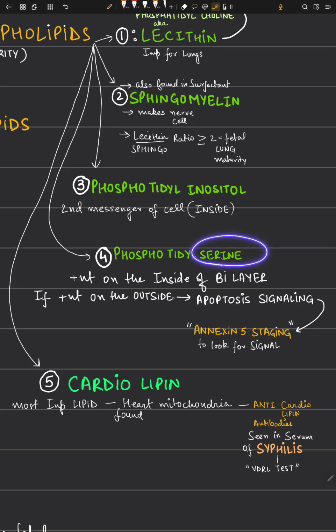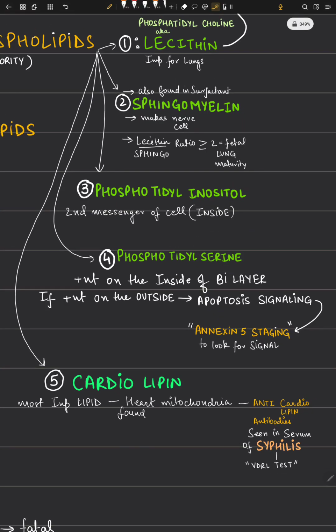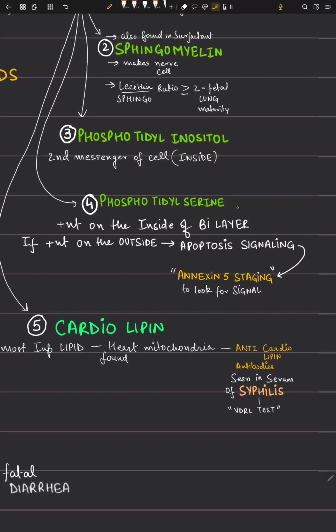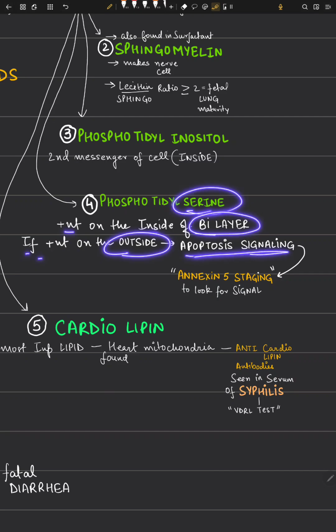Then phosphatidylserine. It is very important. I remember this as siren. Sirens sing a lot. Phosphatidylserine is present on the inside of the bilayer, and if it is present on the outside, it means it's an apoptosis signal.